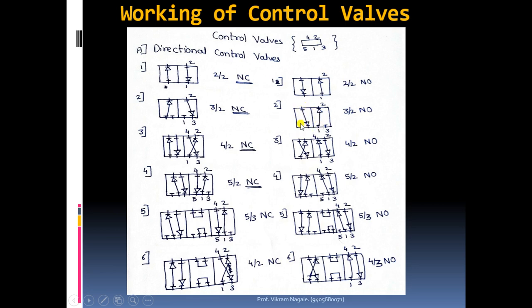So whenever we are activating this valve, the left side block will get active. Okay, means the air which was sent to the output side will come back through this line and it will be given to the atmosphere through port number 3.